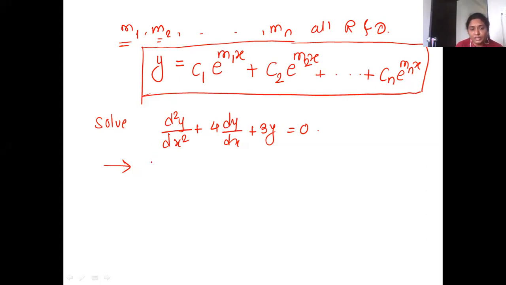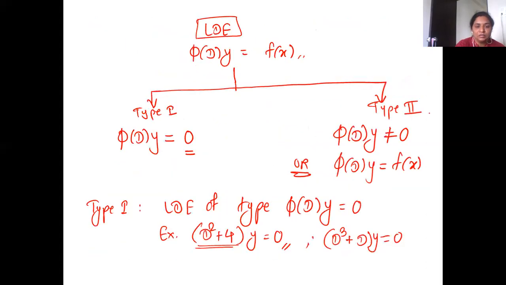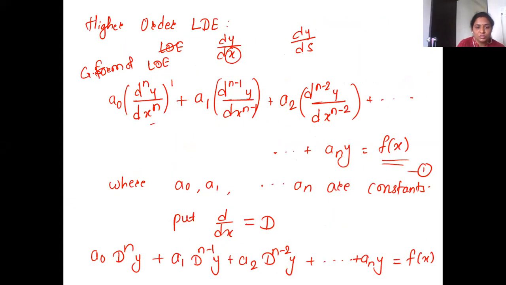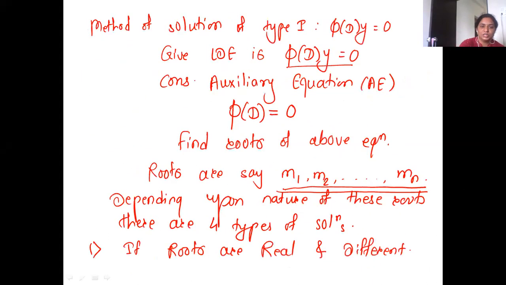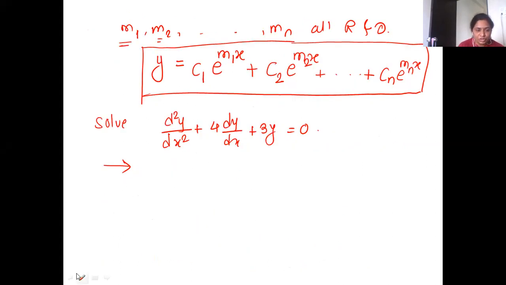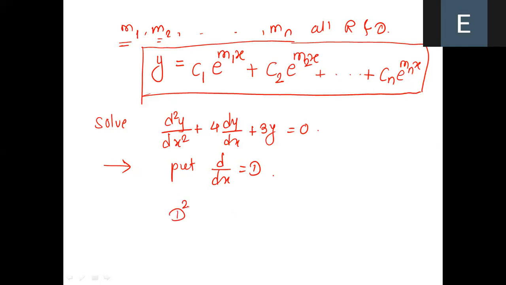So how to solve an LDE? We have seen the method. To solve an LDE, we have to put d by dx as capital D. Whenever an equation is there, you will substitute d by dx as capital D and try to convert it into capital D. So how does the equation modify?